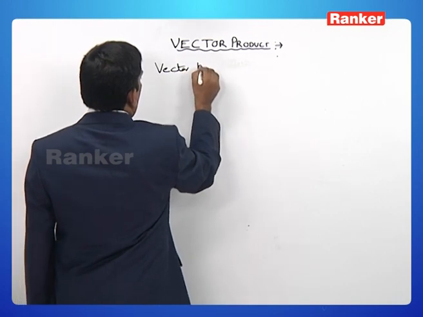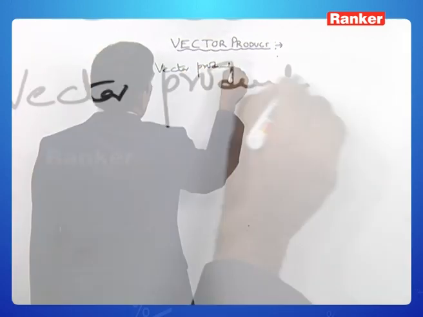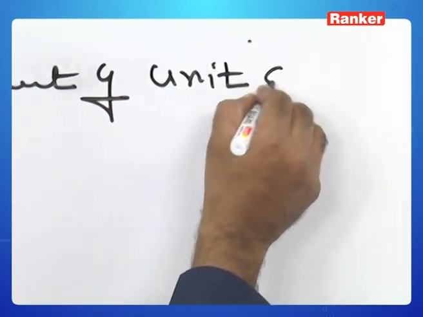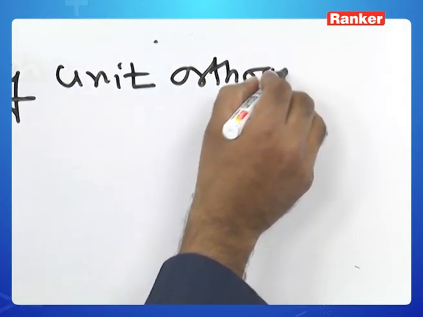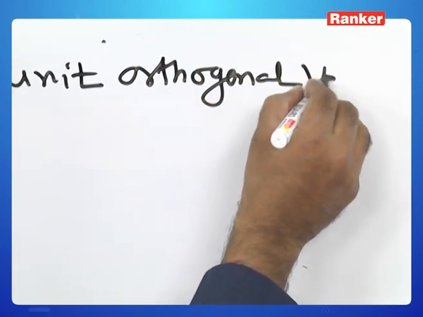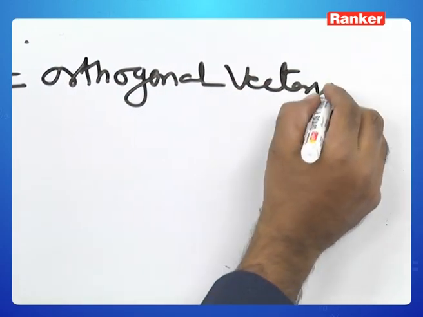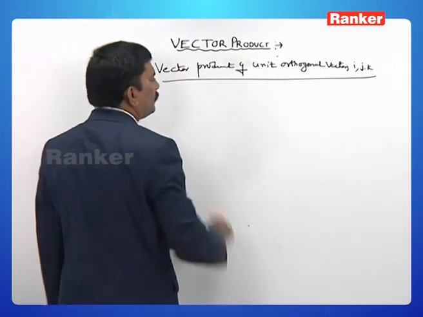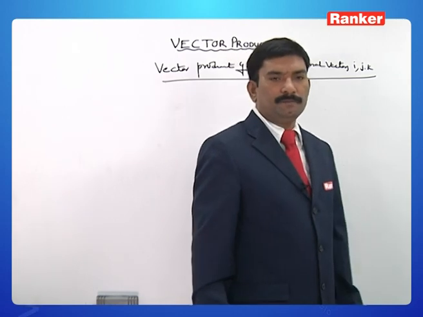Vector product of unit orthogonal vectors i, j, k.